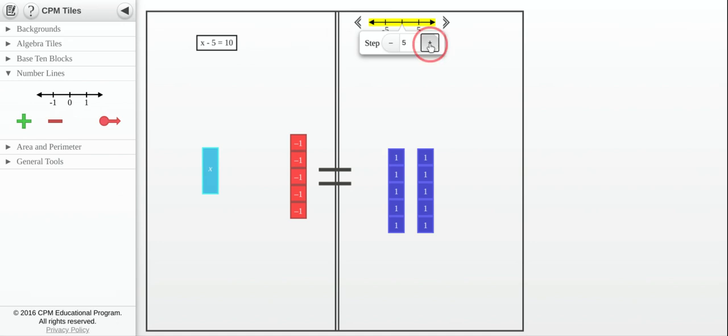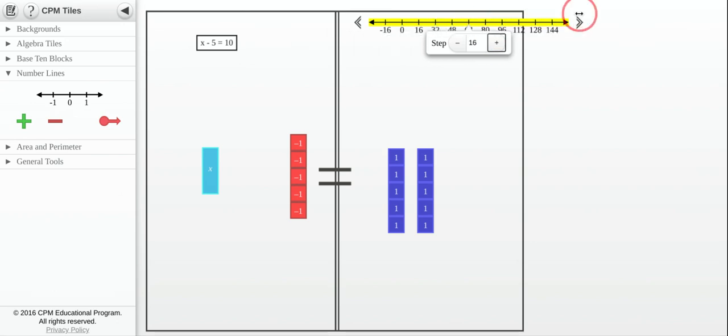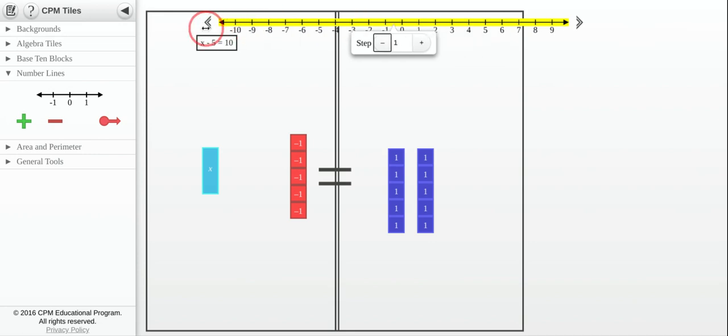I'm going to make this a little bit bigger and go by ones.